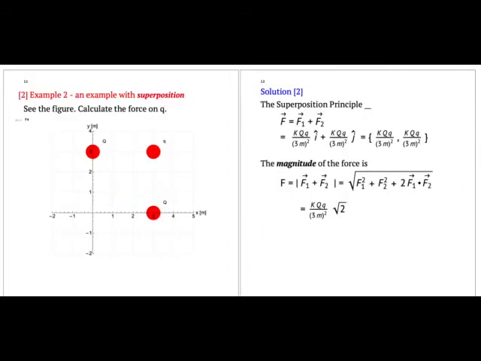Oh, actually, I do have a second example. So here's a second example. This is an example where there's superposition, forces with more than 2 particles. So suppose we have a system with 3 particles. Capital Q at this point, capital Q at this point, and little q at this point.